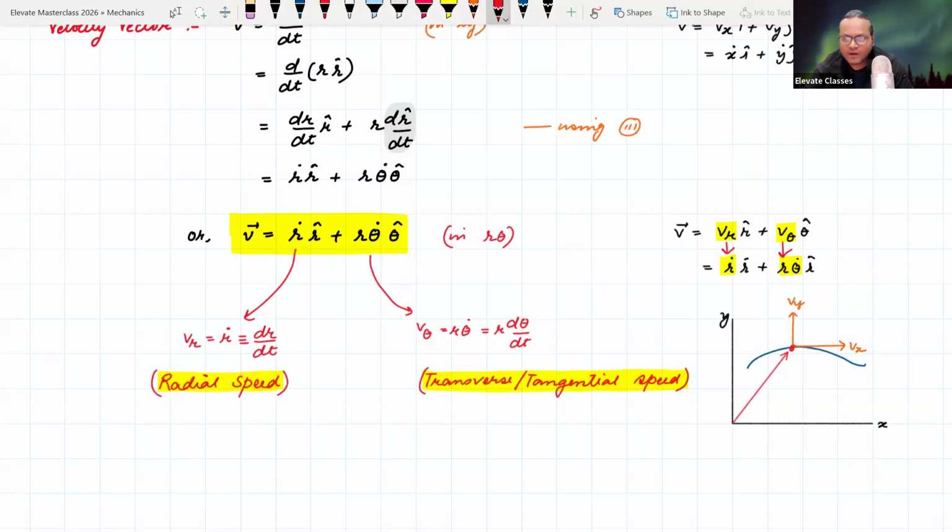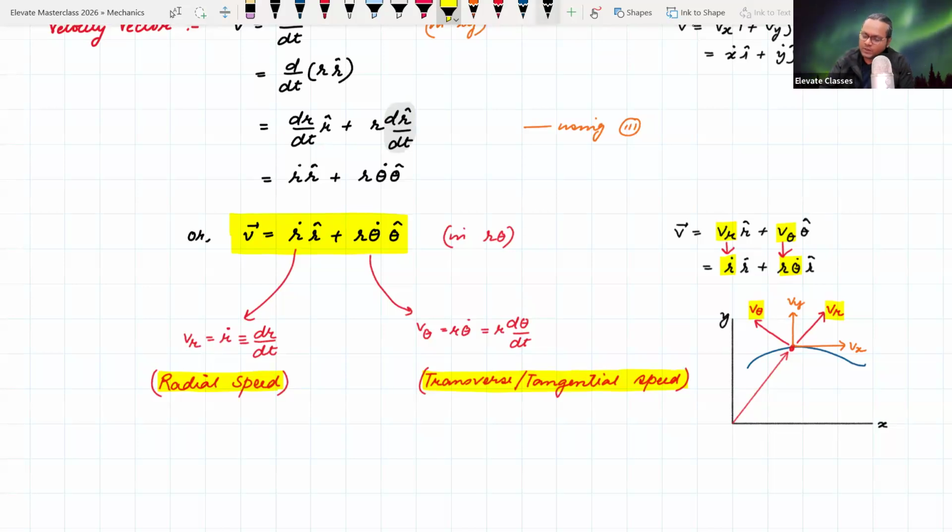But right now what we have found out is the speed component along the radial direction, that is vr, and the speed component along the transverse direction, that is v theta. So vx and vy are not the same as vr and v theta. Keep in mind, please. They signify something else. We can combine them to come up with the same overall speed, no problem. The velocity vector has an overall speed, and we can combine vx and vy to get v.